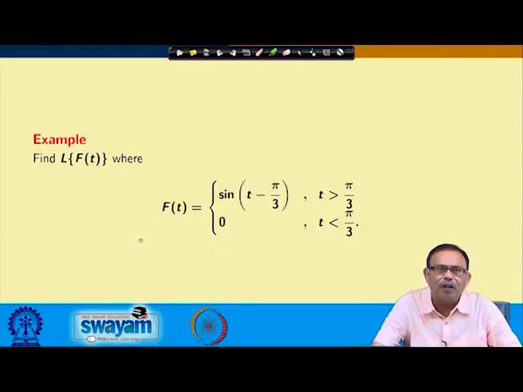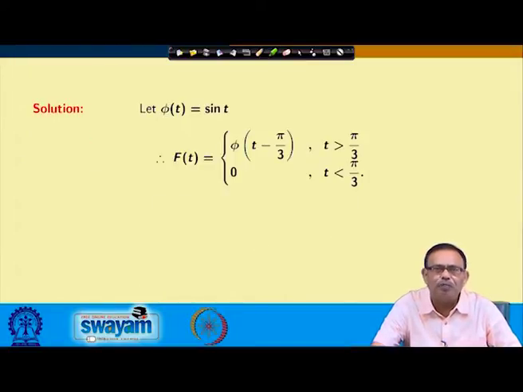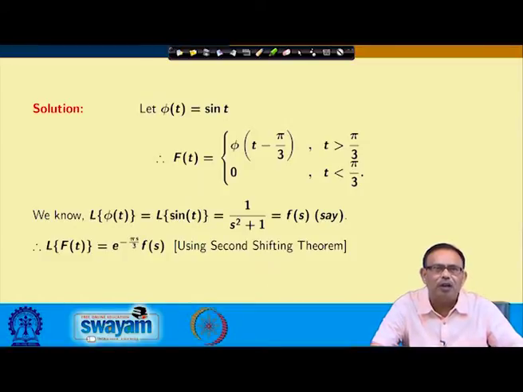The next one is a function given as sin of t minus pi by 3 and 0, which is similar to the last example. I am just giving the examples so that afterwards you can go through these things and quickly find the solution.